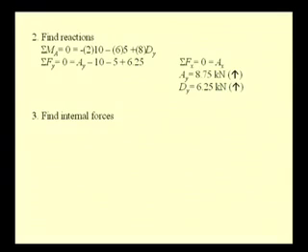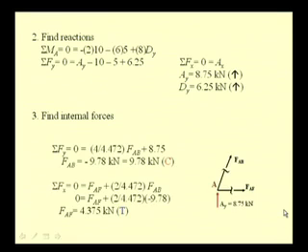In order to determine the internal forces, we should first consider a joint where only two forces are unknown. So, we can consider this joint A where we have only two members, that is AB and AF, and thus two unknowns, that is force in the member AB and force in the member AF.